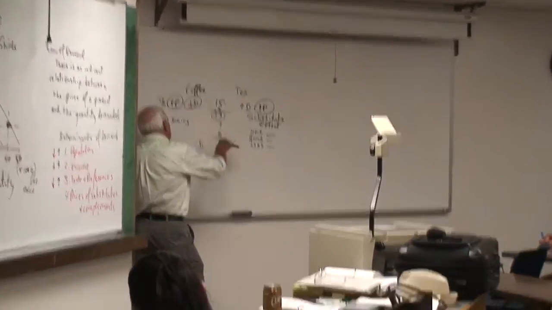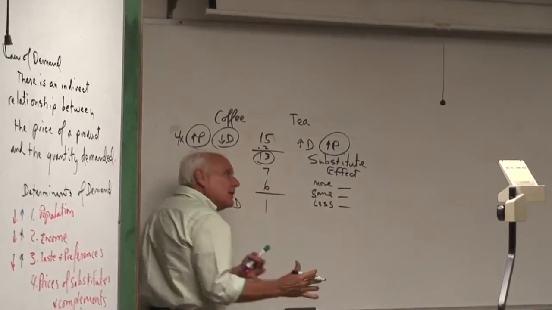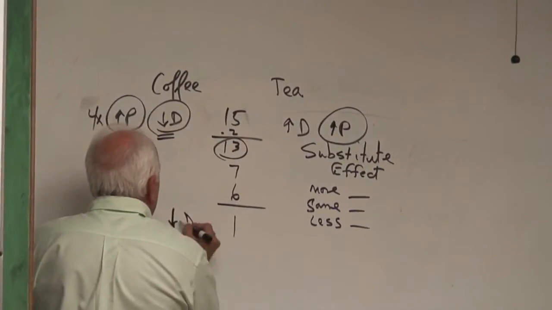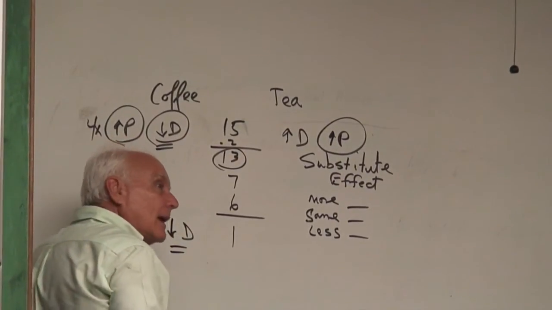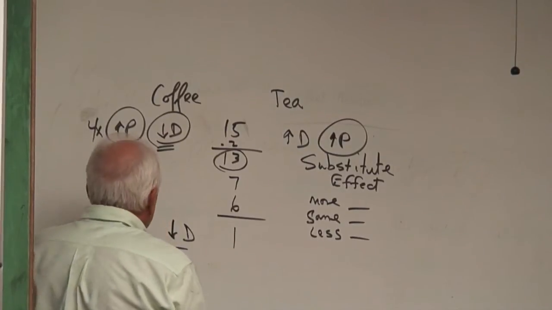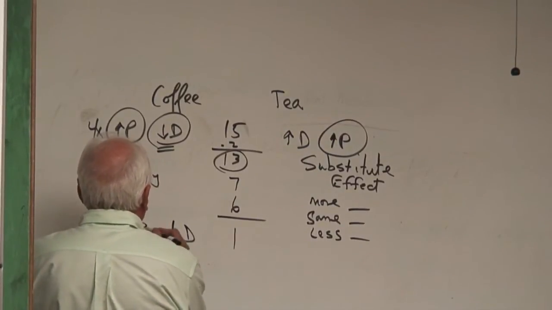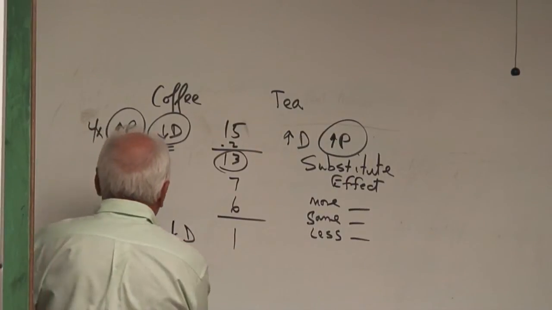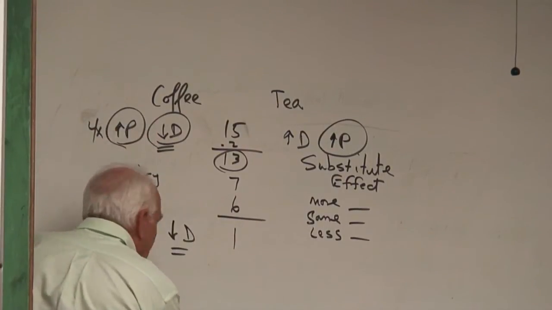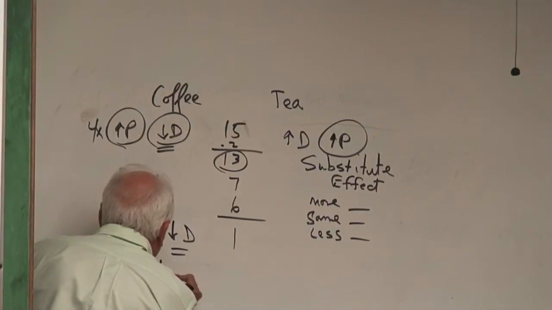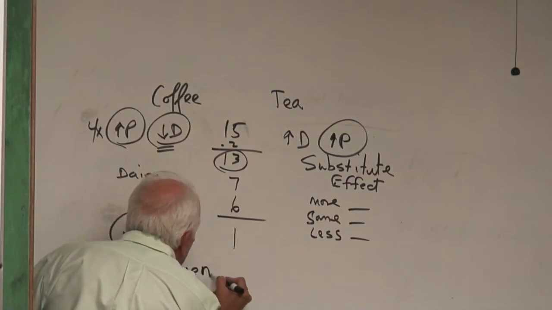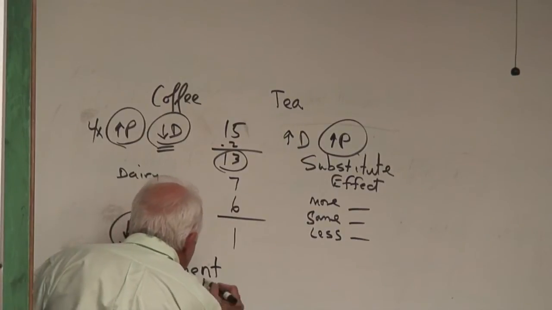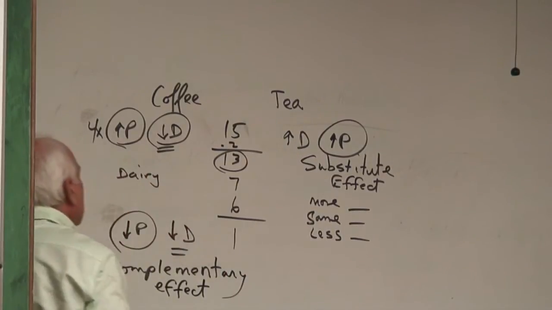Anyway, normally, in a normal class, if people are drinking less coffee, they are also putting in less of the dairy product, and so therefore the price of the dairy product is likely to be going down. This class throws it all off, but anyway, that would be known, if it did happen, as a complementary effect.